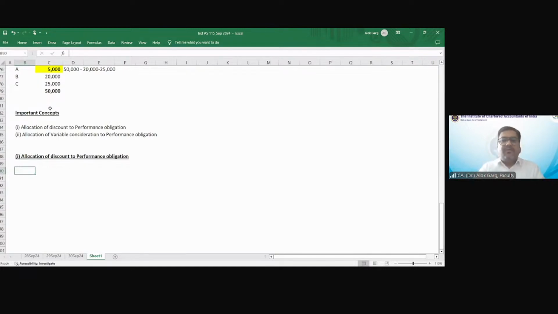Yes. Now, friends, for example, the transaction price of A, B, and C, the entity selling three goods. There is a package of three goods and the transaction price is 15,000 rupees.